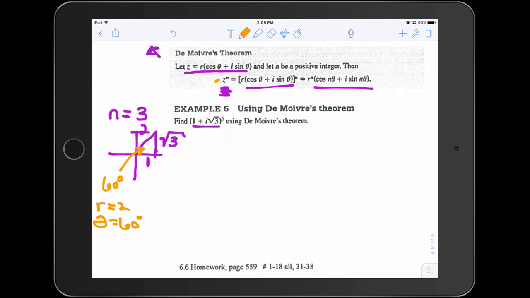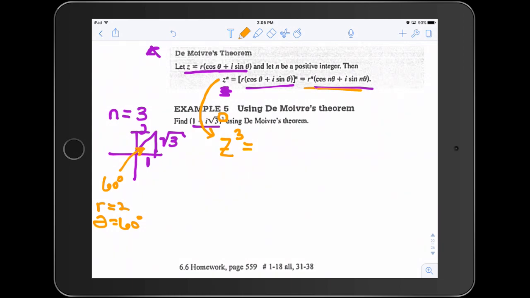Now let's use this formula right here. It says z cubed, because we have a 3 right there, equals, and again it doesn't matter which one you use, I'm going to use the second one just because it's my preference.